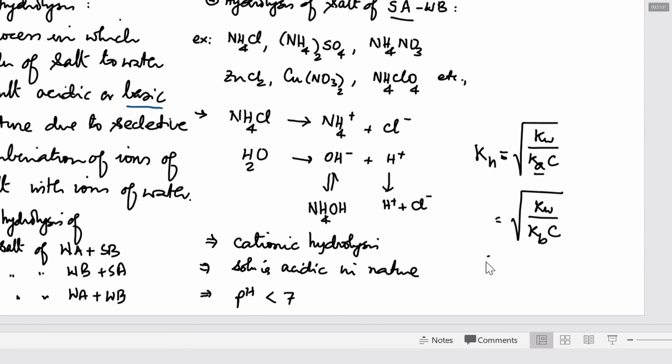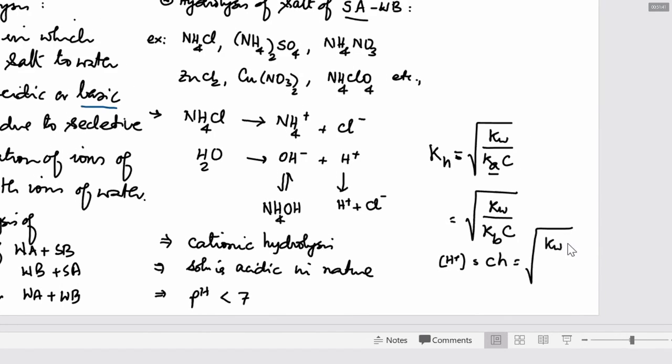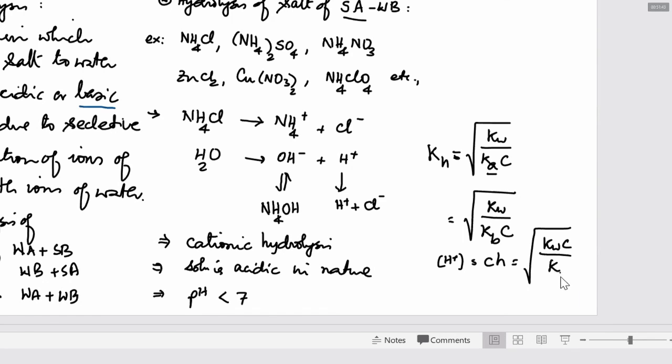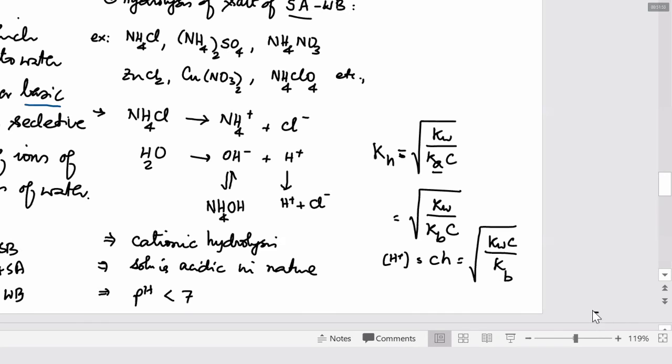We get H plus ion concentration equal to C alpha, no sir, C h. Therefore it is under root KW into C by that substance which is weak in nature. Now apply log and then subtract. You people are genius. You can understand that and tell me the final equation in the next class.